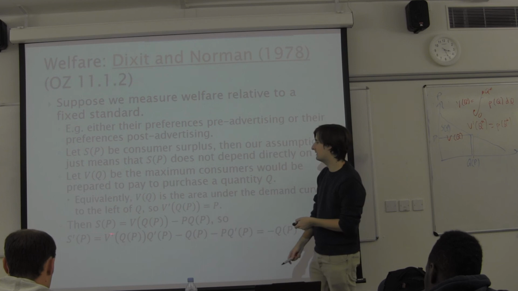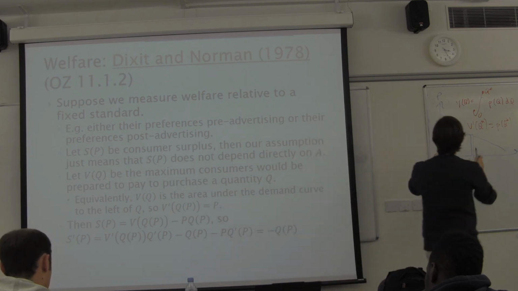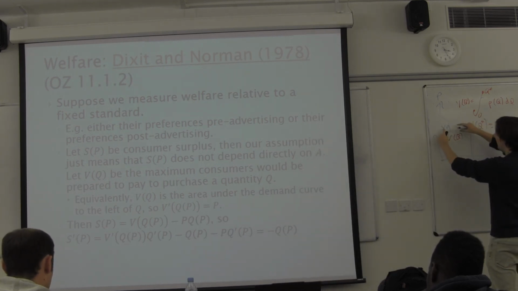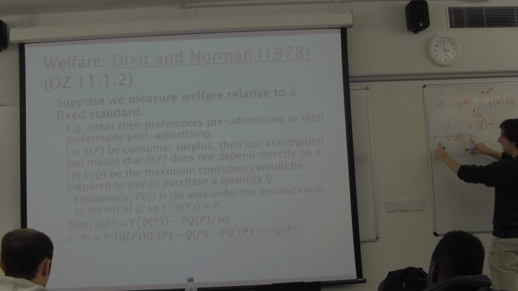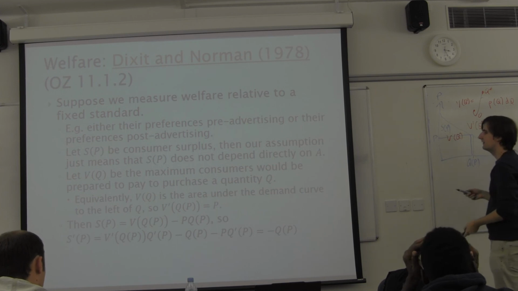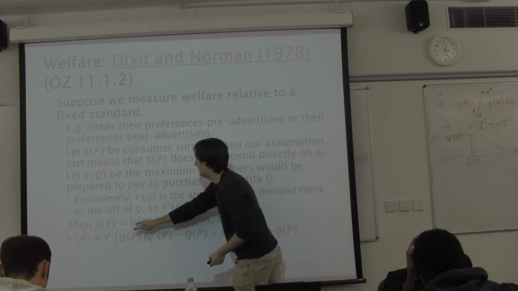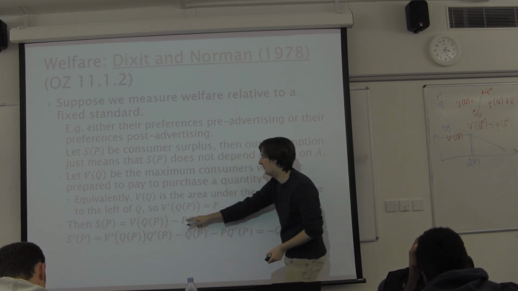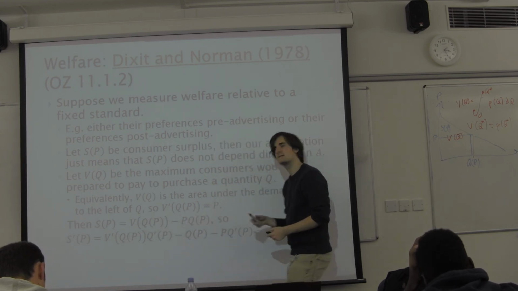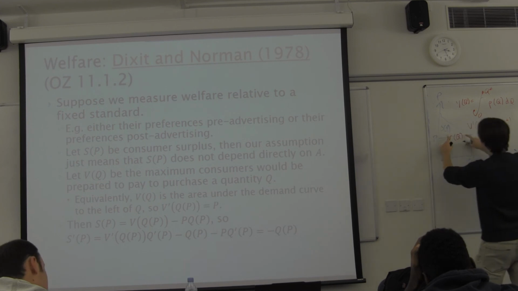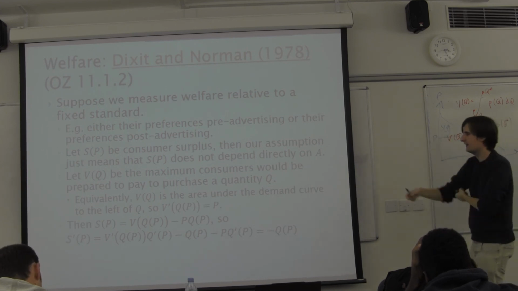So for consumer surplus, we said V of Q was S of P plus P times Q. So S of P equivalently is V of Q minus price times quantity. The triangle is V minus the square.